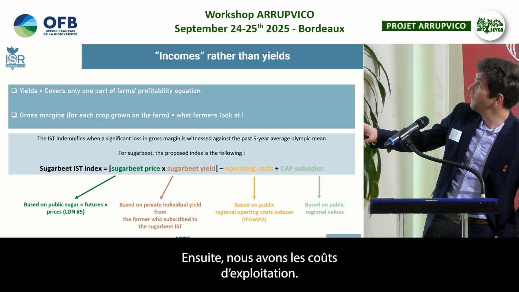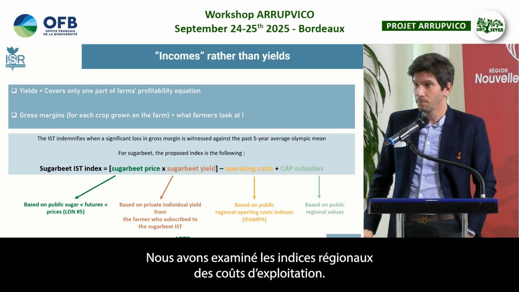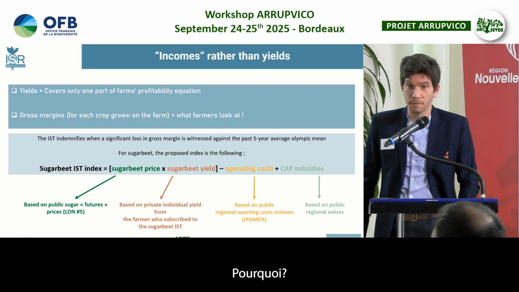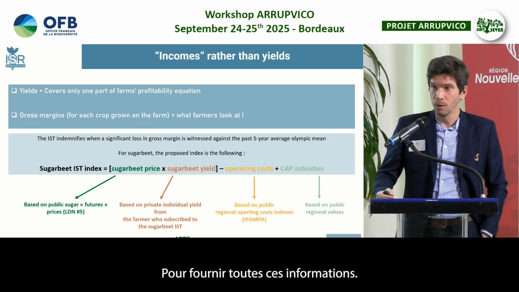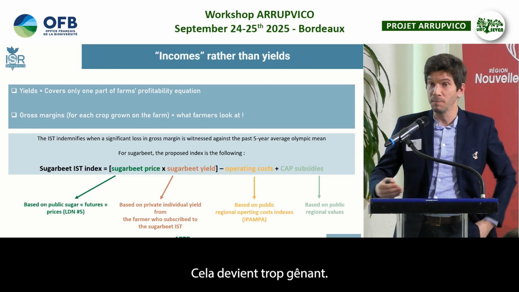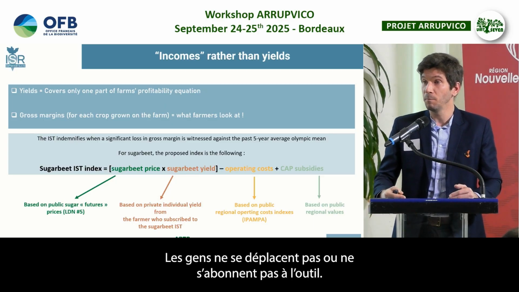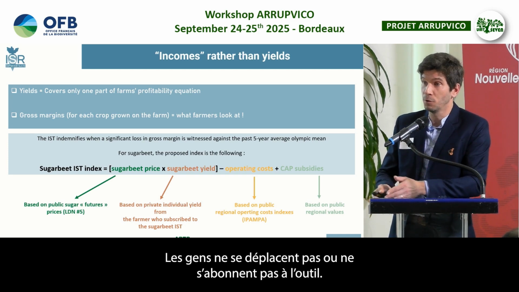Then we have operating costs. For that part, we looked at regional operating cost indexes. Why? Because we cannot ask a farmer to provide all this information. It becomes too troublesome, and when it's too troublesome, people are not subscribing to the tool.